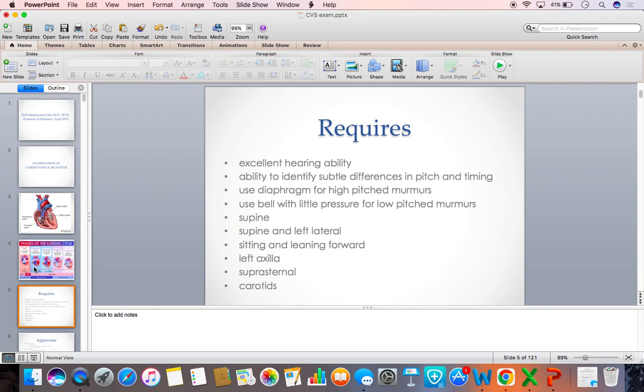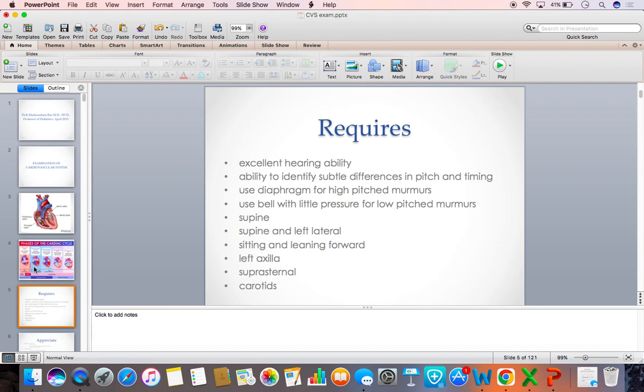Then let us proceed with the auscultation of the heart. When the student is asked to auscultate the heart of the patient, he requires excellent hearing ability, and should be able to identify subtle differences in pitch and timing of the sounds and murmurs.